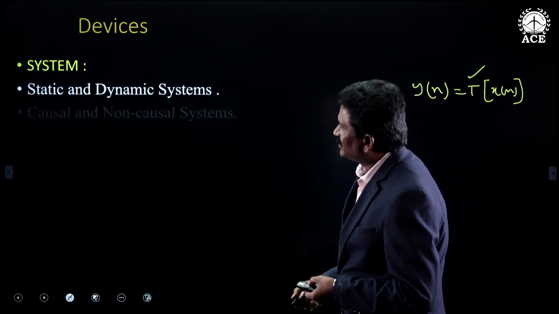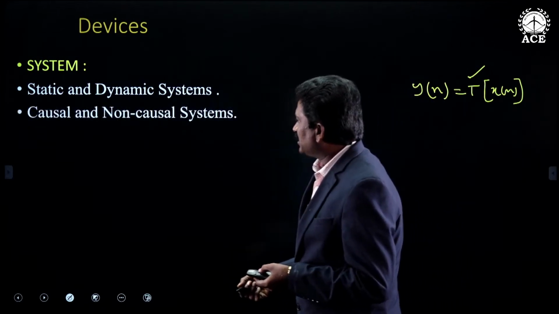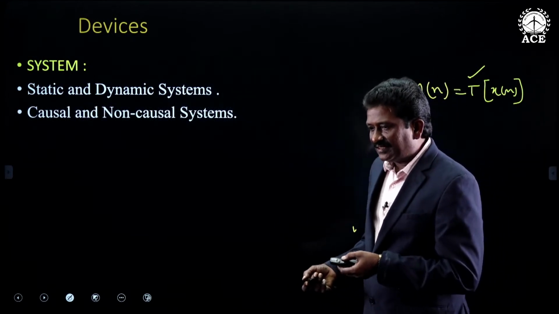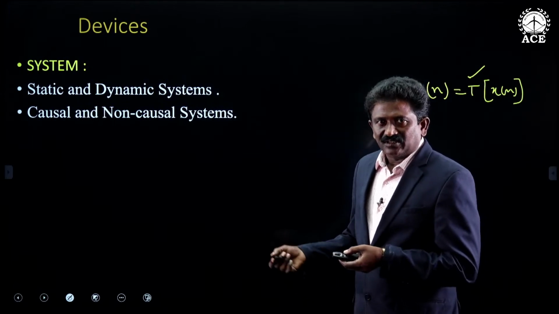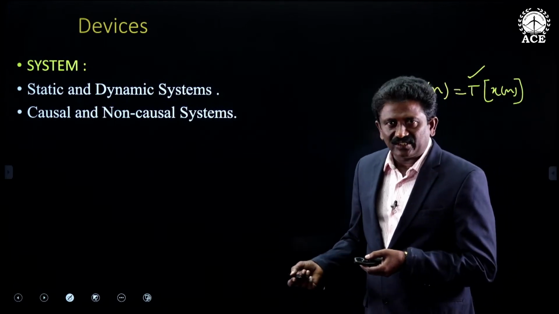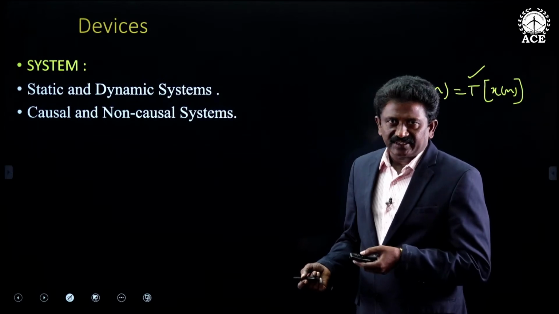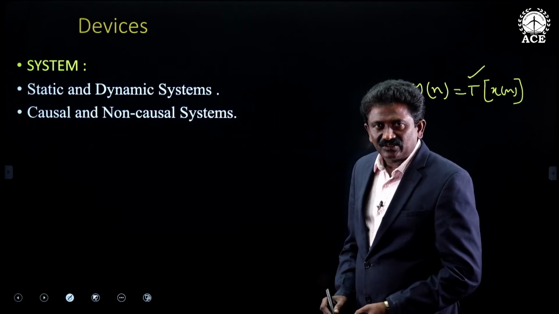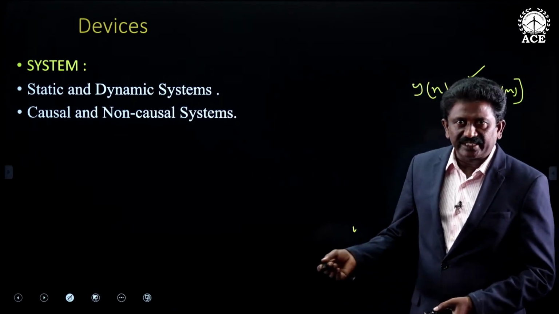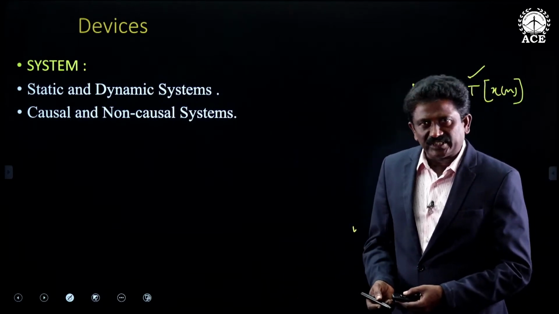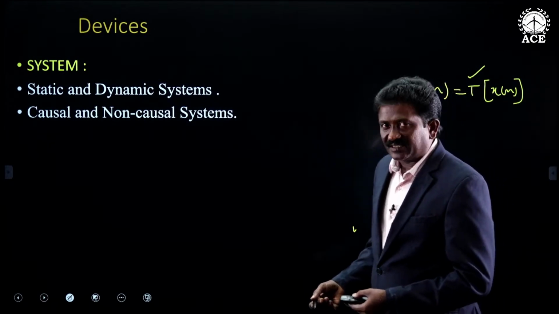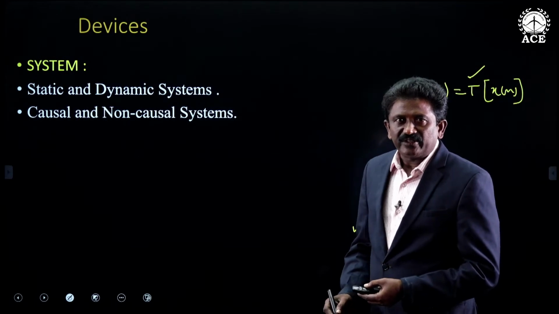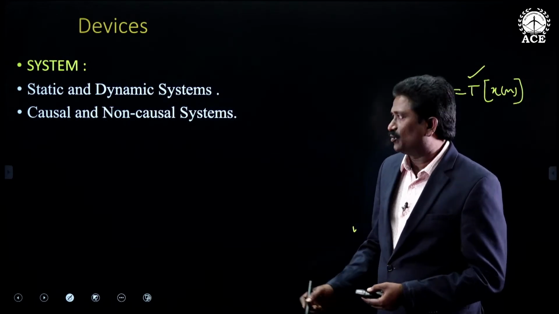So next one, causal and non-causal systems. Causal means with the help of causal systems you can identify past and present input samples. With the help of past and present input samples, you are able to get present output samples. Next, non-causal depends upon the present, past and future input samples to get any output.